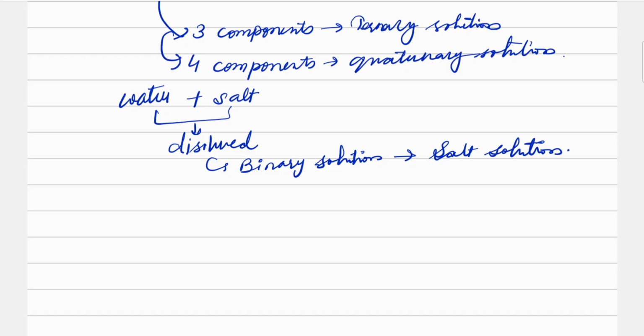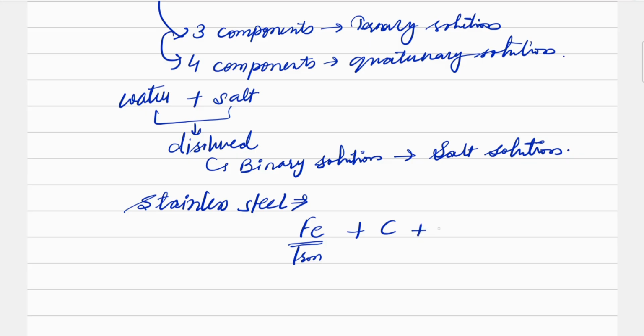You can take multiple-component solutions also. If you talk about stainless steel, SS, you might have heard about it. What is stainless steel? Stainless steel has iron in it, the major metal in it. Then we add carbon, then we add chromium.